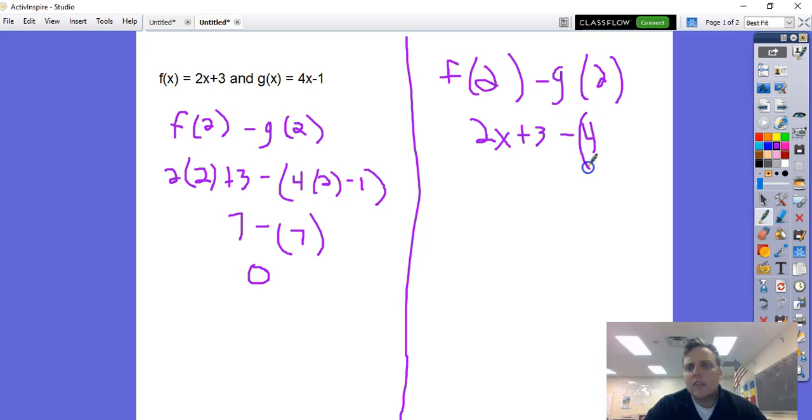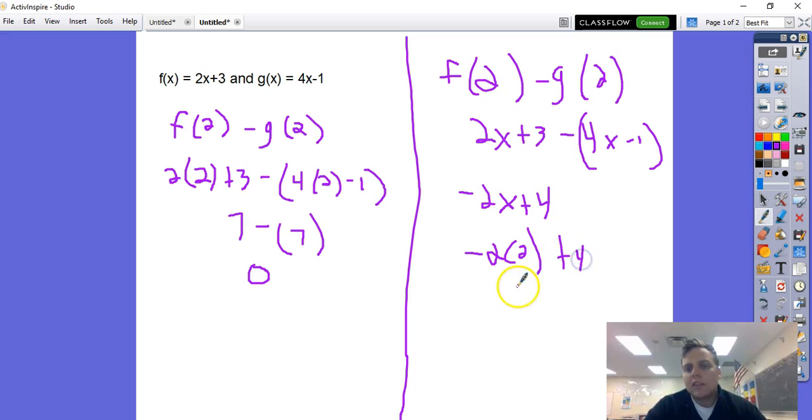So we could have done this first, which would give me 2x minus 4x, so that'd be a negative 2x, and then 3 minus negative 1, which would be a positive 4. Then you can just plug in 2, because that's what you're going to evaluate this at. So this right here, negative 2x plus 4, that is f of x minus g of x, okay? So now we can simply put 2 in for x, so negative 2 times 2 plus 4, and that would give us 0 once again.